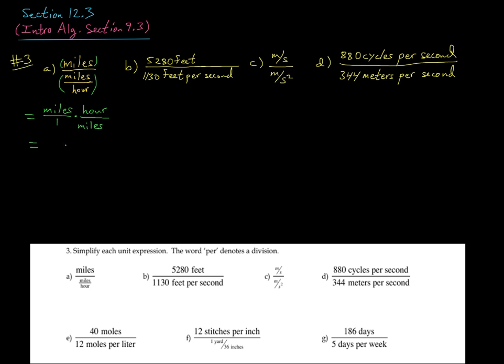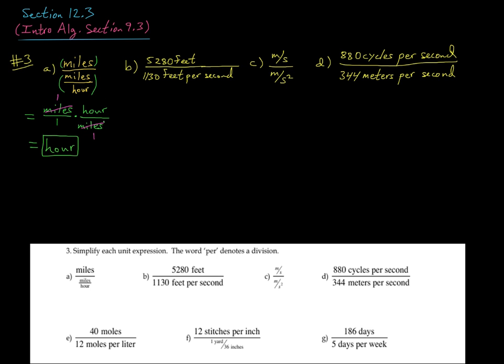Now we can divide out the units of miles, and that leaves us with just the units of hour. So a distance, say in miles, divided by a speed in miles per hour is going to give us a time measured in hours.